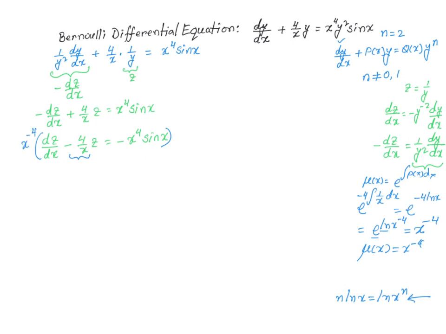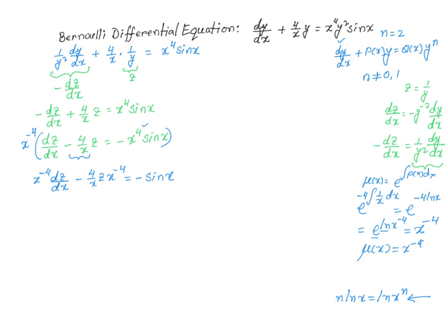That will give me x to the power negative 4 dz over dx minus 4 over x times z times x to the power negative 4 is equal to negative sine of x, because x to the power positive 4 and x to the power negative 4 cancel each other out, giving you just 1.